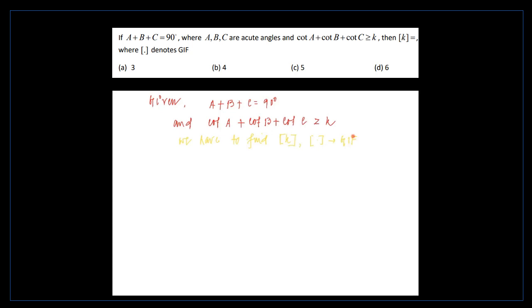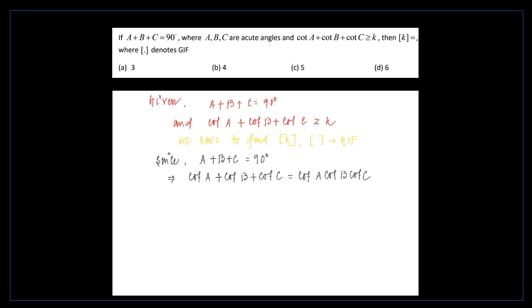So first of all, you can start in this way: since A plus B plus C equal to 90 degree, this implies cot A plus cot B plus cot C equal to cot A, cot B, cot C. That we know.